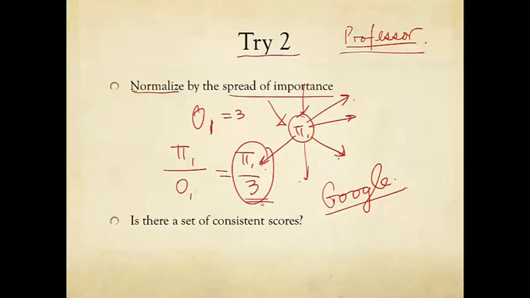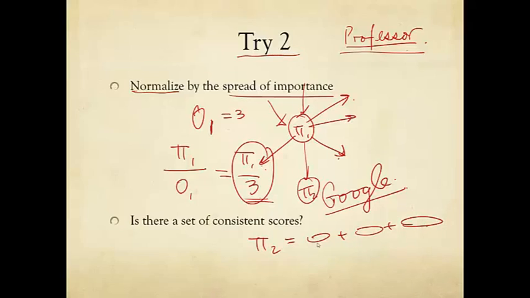Now you may wonder, if I have a node here, number 2 with importance score pi 2, I can write pi 2 as some combination of the importance scores normalized from the incoming neighbors.